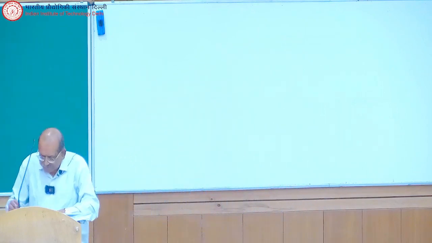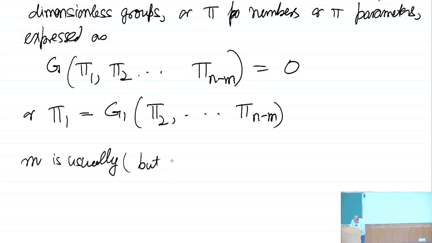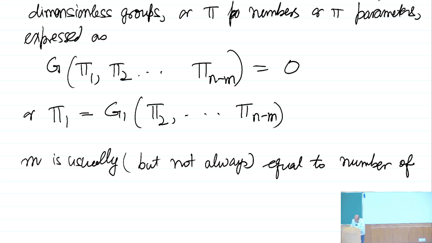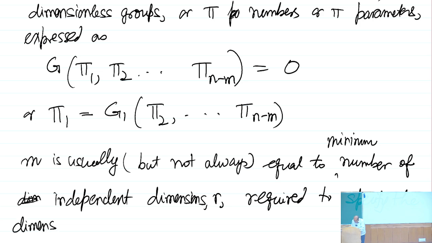And the last thing, m is usually, but not always, equal to the minimum number of independent dimensions required to specify the dimensions of the original n quantities.